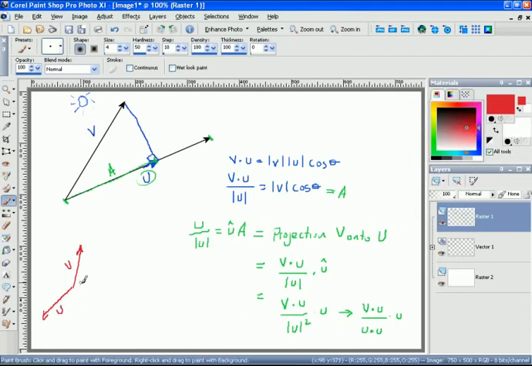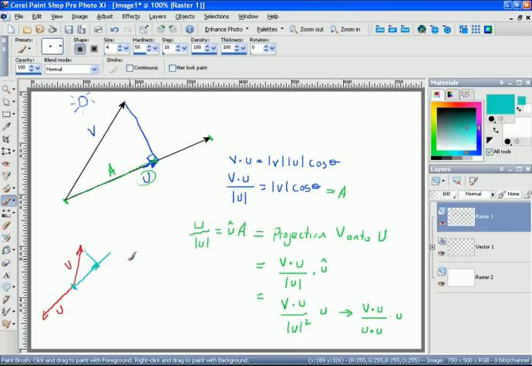Then if you apply the projection formula, you're going to get this vector here, from the start all the way down to the end. u itself will behave as if it's a flat plane, and v will be projected right onto it.